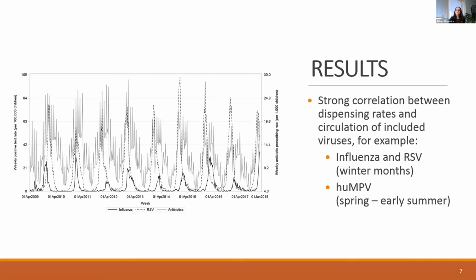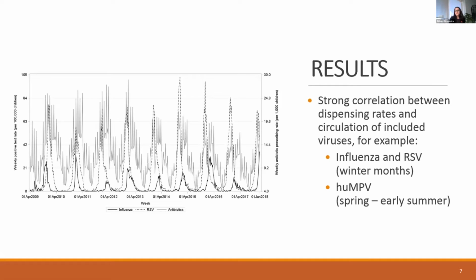So we see, just looking at these 2 viruses, they do a pretty good job of reflecting antibiotic prescribing during the winter months, which we would expect because these are the 2 most common winter respiratory viruses. But they're not capturing any of those peaks that we see in the spring or summer months. So as I mentioned before, a lot of the work that's been done has just included 1 or 2 respiratory viruses, and they're usually influenza and RSV.